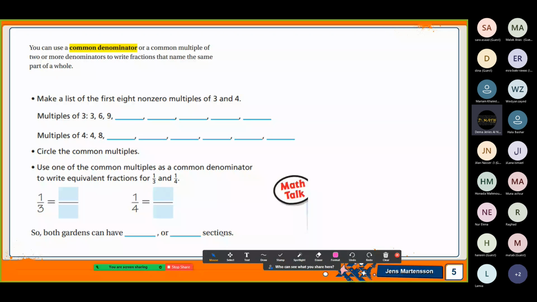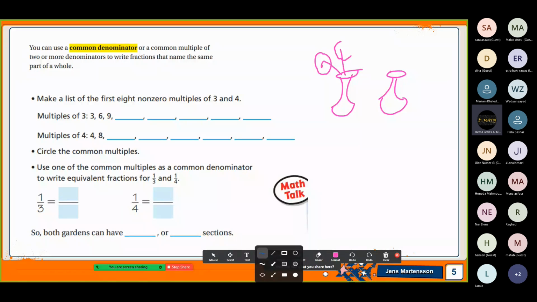Here we have: Sarah planted 2 gardens, or one type of plants. I mean, there are 2. Like I have a vase, you can say like this. She made 2 vases now. One of them has 3 flowers, and one of them has 4 flowers.